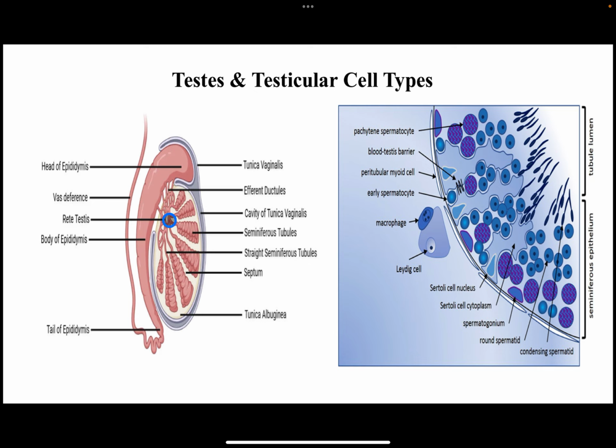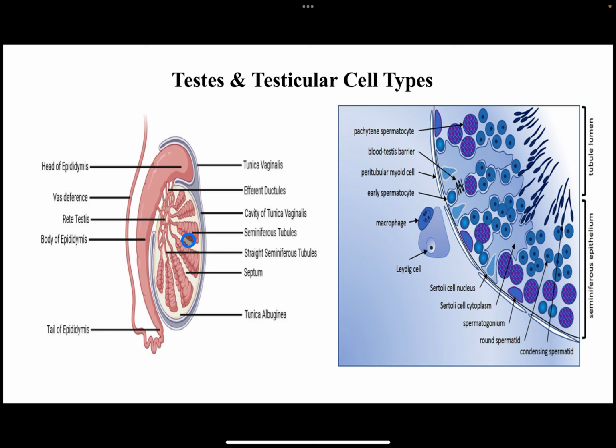From the rete testis, they go to what we refer to as the efferent ductules. Then from the efferent ductules, they go to the epididymis. Then the space in between the seminiferous tubules, we call it the septum.